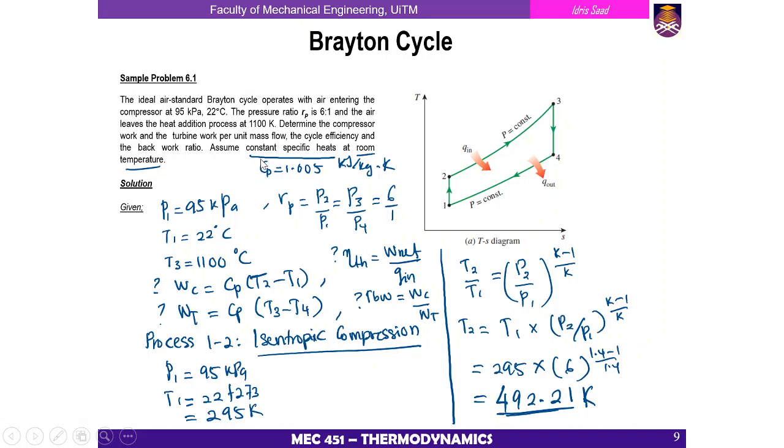Bear in mind, the specific heat will fluctuate depending on the temperature, but as in this question it is constant, we use it at room temperature. Given directly is the pressure and temperature T1, and the maximum temperature is also given directly.